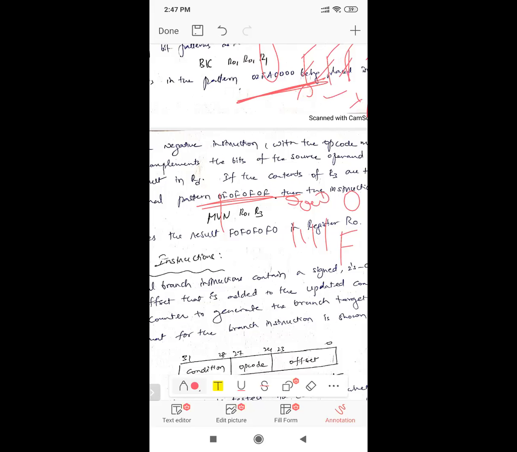F0, the 0 becomes F and F becomes 0. That is the MVN instruction, move negative instruction.